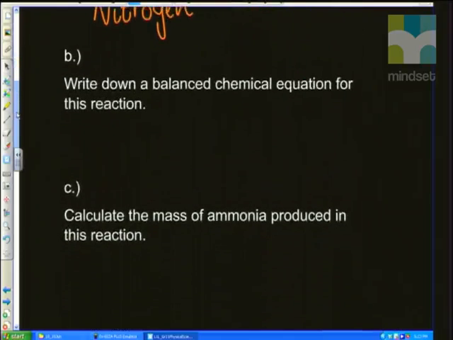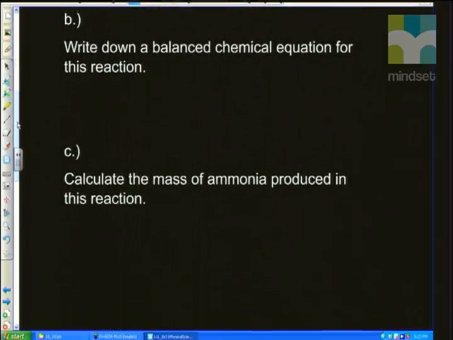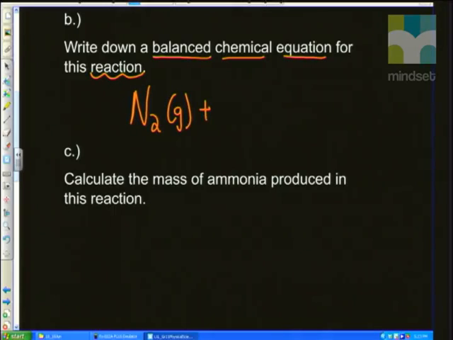Number B says write down a balanced chemical equation for this reaction. We are told that this is nitrogen reacting with hydrogen. We know these are gases. The result is ammonia. Ammonia is NH3.